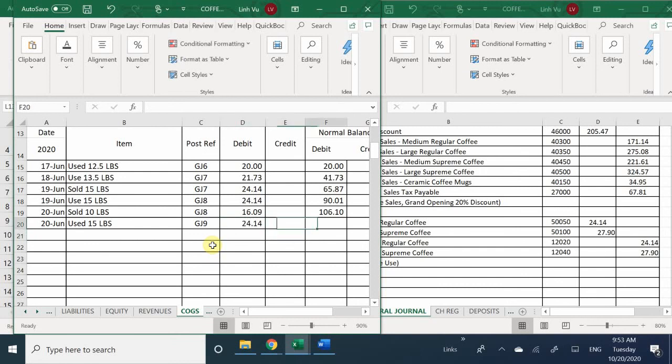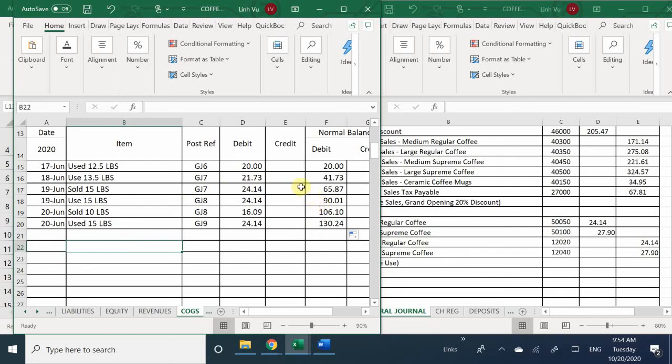Bringing me my new total of 130.23. I have 124. Okay, because 10 plus 14 is going to be 24.